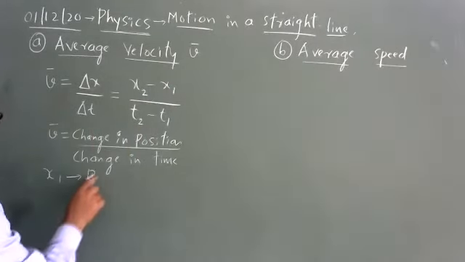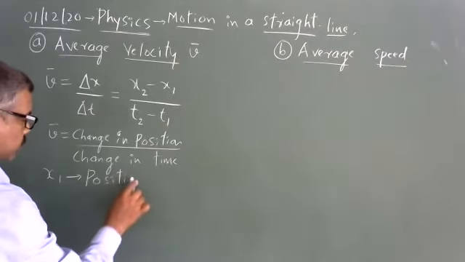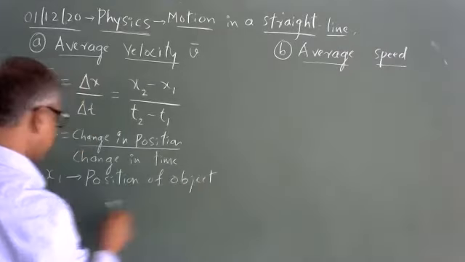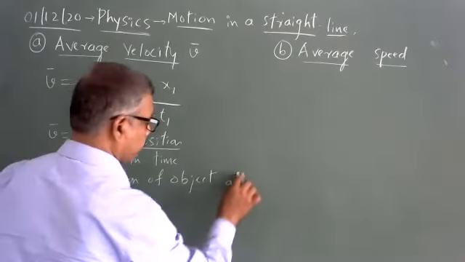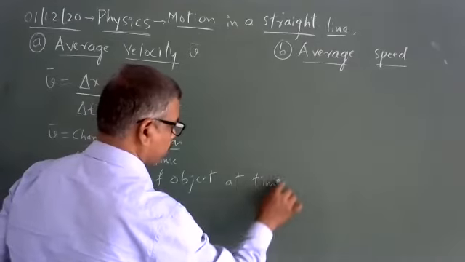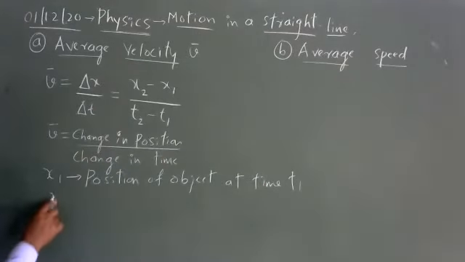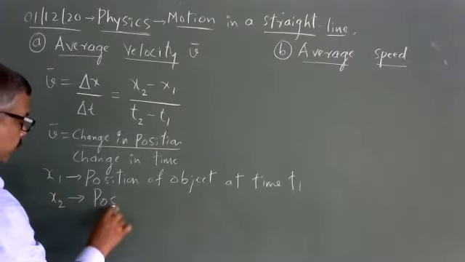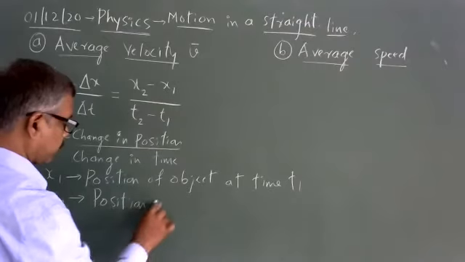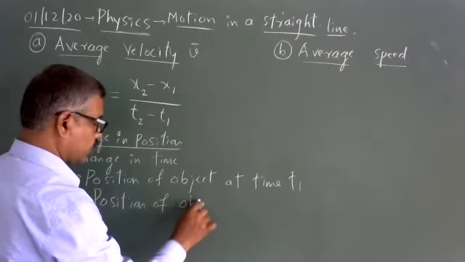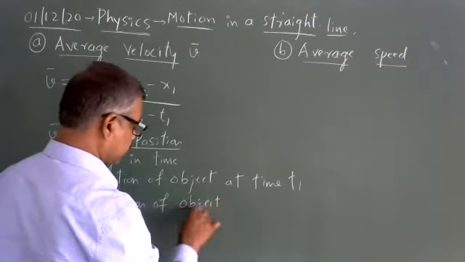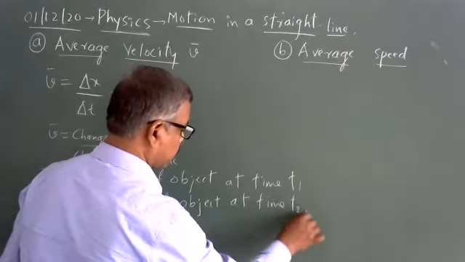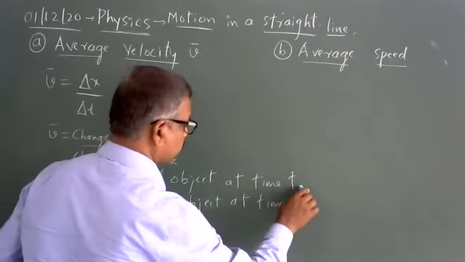x1 is the position of the object at time t1. Similarly, x2 is the position of the object at time t2, their respective positions.